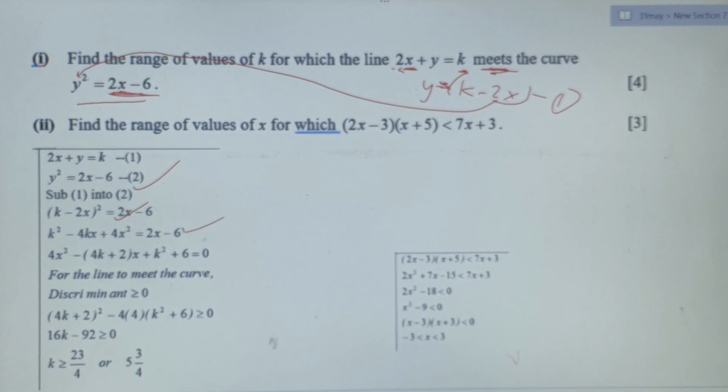Okay? Then you group it into ax square plus b. This whole thing is bx plus c. Okay? Can you go and do then this part here, I told you just now, right? Meet can be meet at 2 places or meet at 1 repeated root.